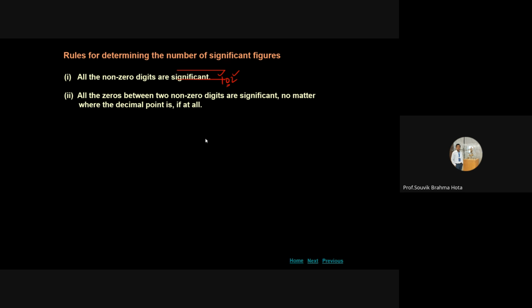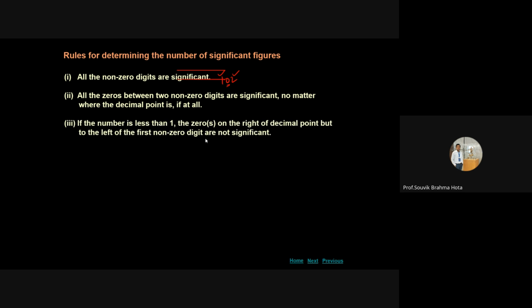Next, if the number is less than 1, meaning 0 point something, the zeros on the right of the decimal point but to the left of the first non-zero digit are not significant. That is what I was saying earlier.